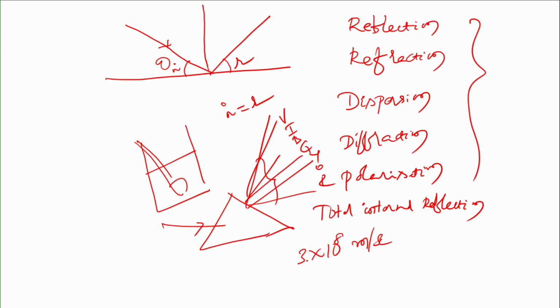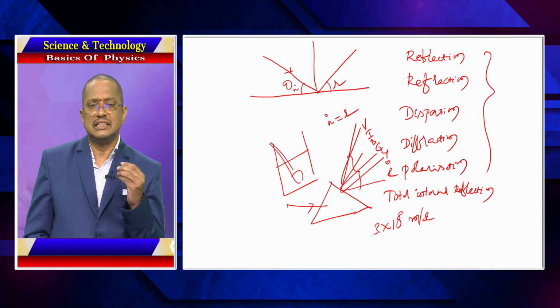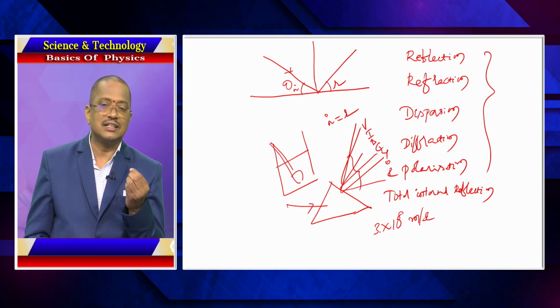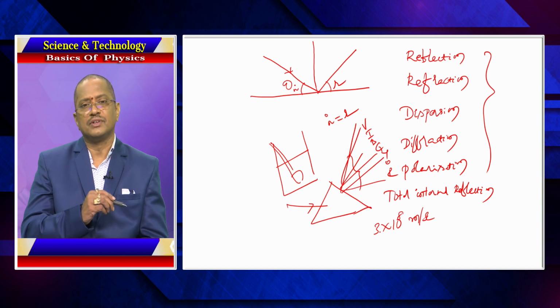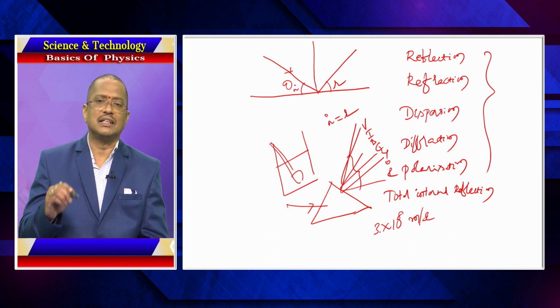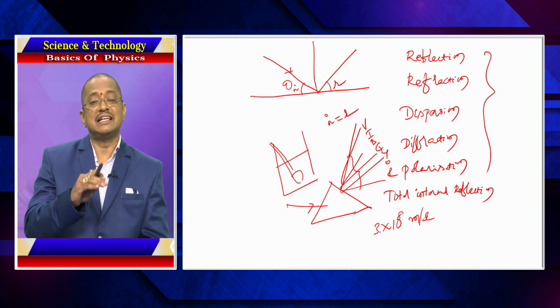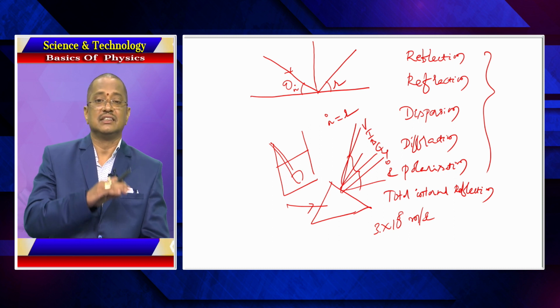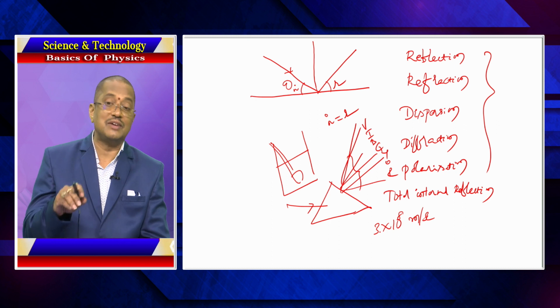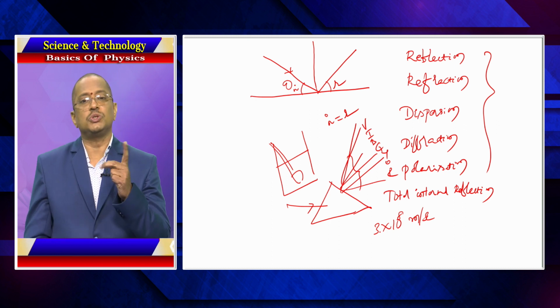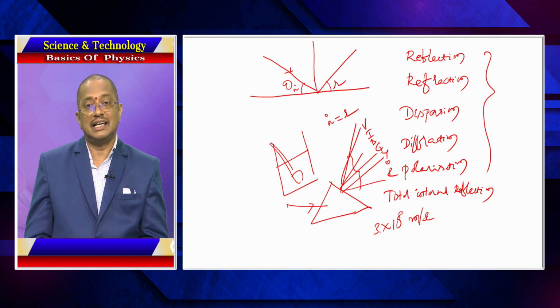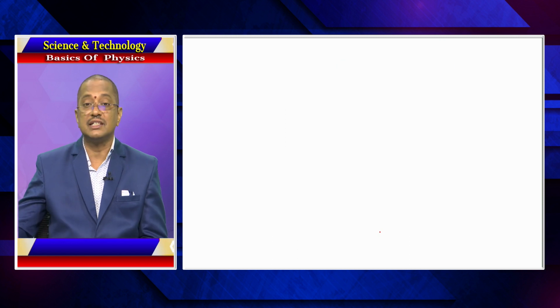According to Newton's theory, light travels in a linear path as particles, whereas according to Huygens' wave theory, light travels as a wave. So there is a dual theory for light.